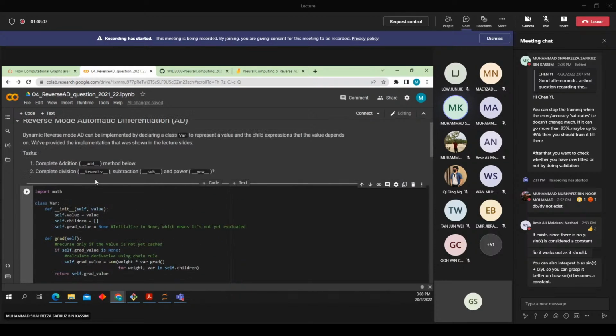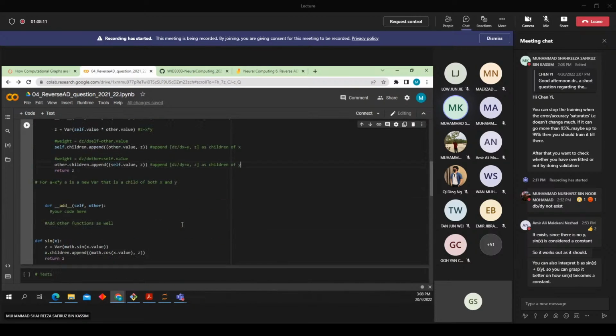You need to complete the addition, division, subtraction, and the power function, right? How would you do this? And of course, the sine function is given here, right? So you add other functions as well: your addition, your subtraction, power, and division.